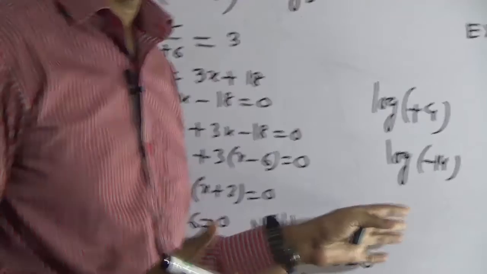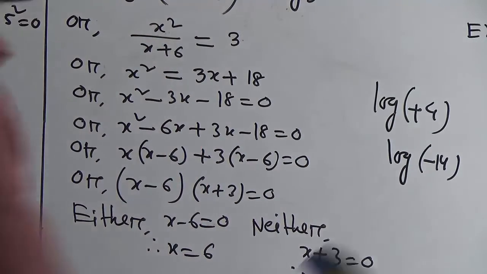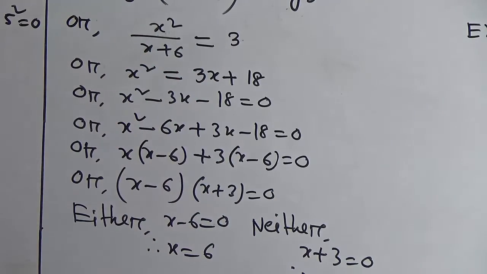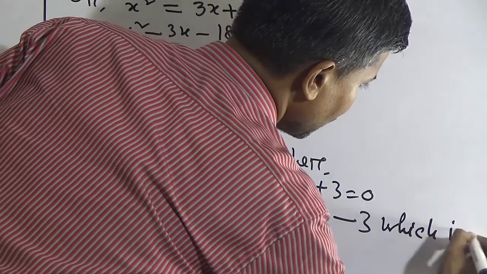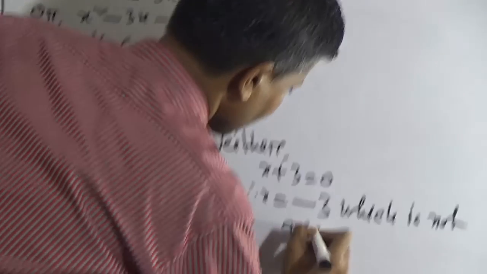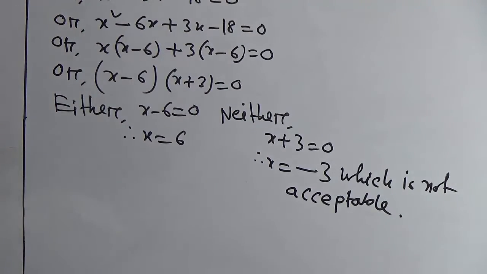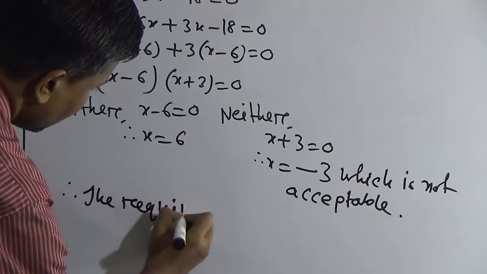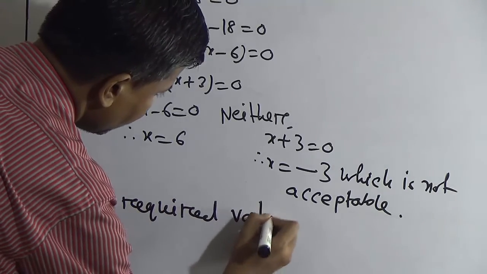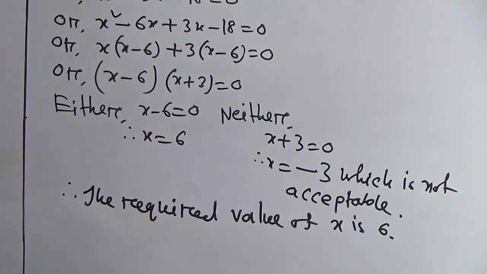So x equal to minus 3 is not acceptable for the logarithm. Therefore the required value of x is 6. Student, I hope you understood today's topic.